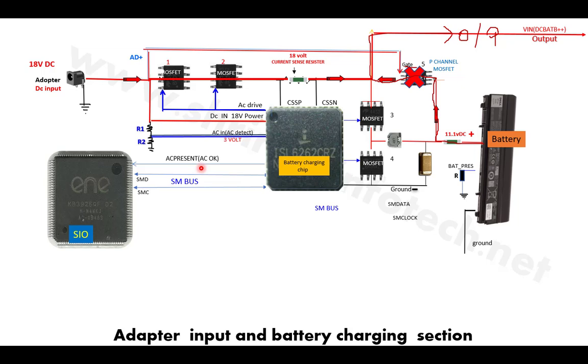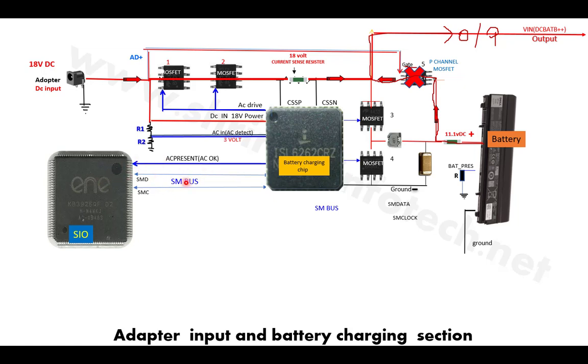So it generates a binary 3 volts here, and this 3 volts is given to this AC-OK pin on the SIO. If the 3 volts comes here, then the SIO will come to know that the adapter current is there. After that, the SIO comes to know that now the laptop is working on the adapter.